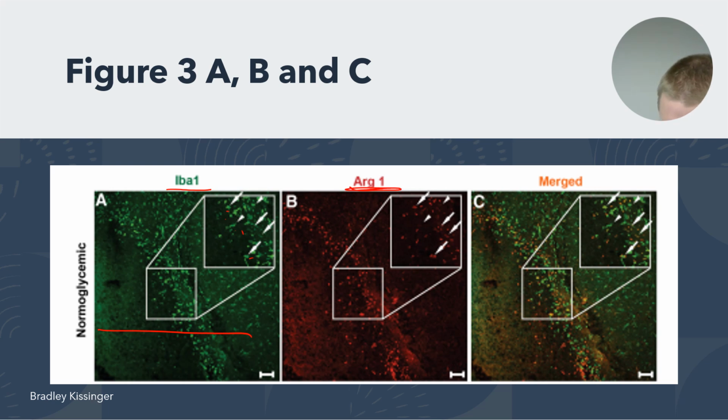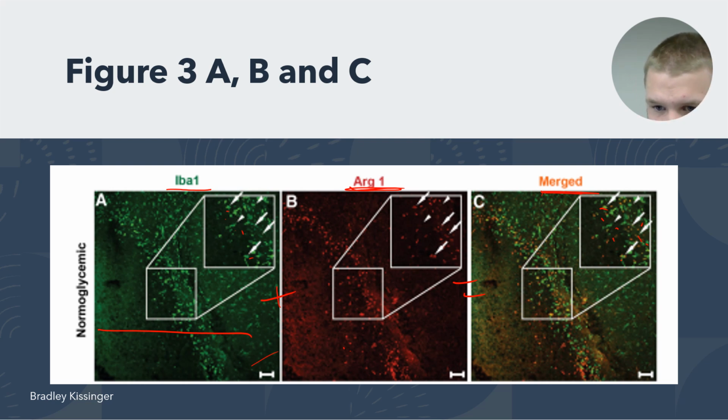And in this red one here, we're looking at ARG1, which is another marker, but it's the same thing as with the green. It's what we're looking for. And then over here in this one with the orangish greenish color, it's just an overlay of both of these. So if we add these, it equals this one, and this is the one marking both the ARG1 and IBA1.